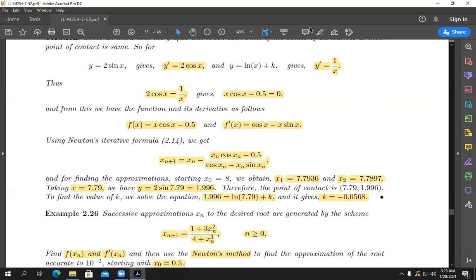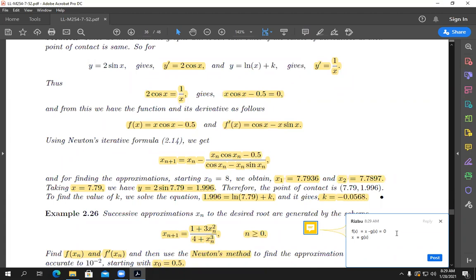I give you the formula. When you have the g, what is the formula to find f? f of x is always equal to x minus gx, and this is equal to what? 0.